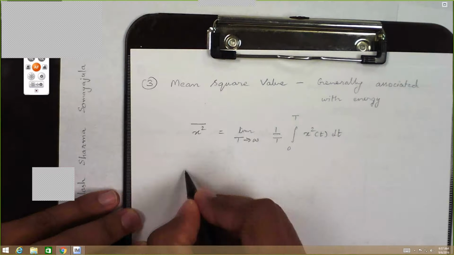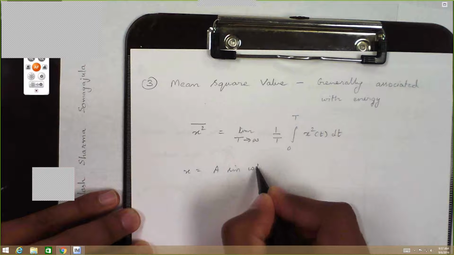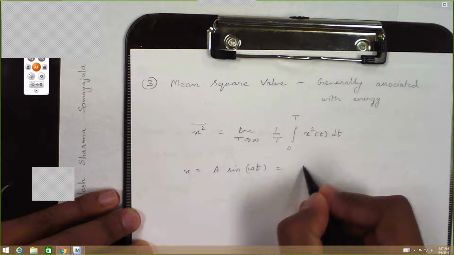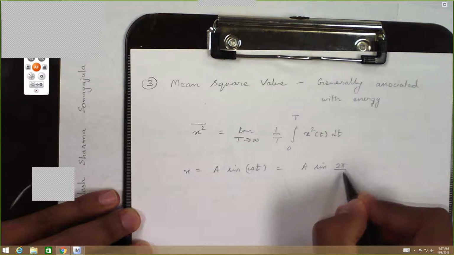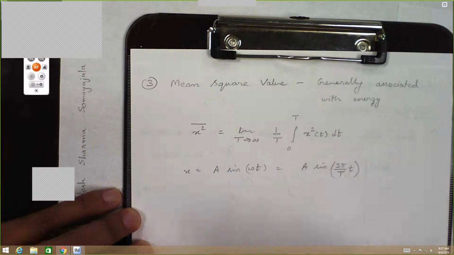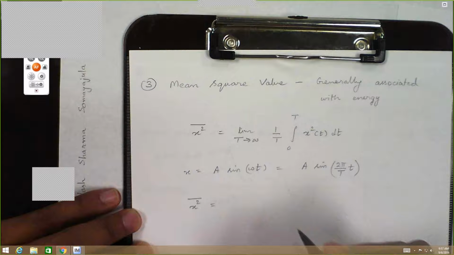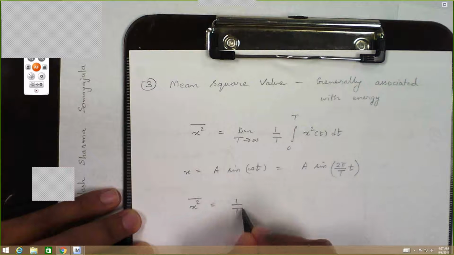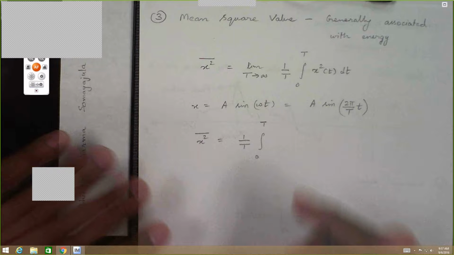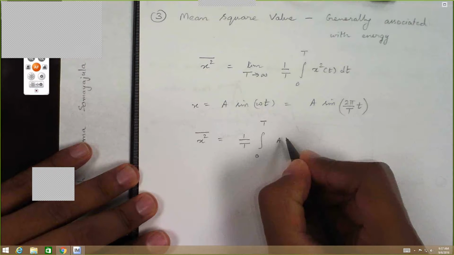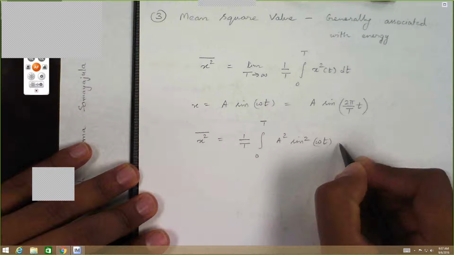So again, if we consider x is equal to a sine omega t, where omega is 2 pi over t times t, then x square bar over one cycle is 1 over t integral 0 to t a square sine square omega t dt.